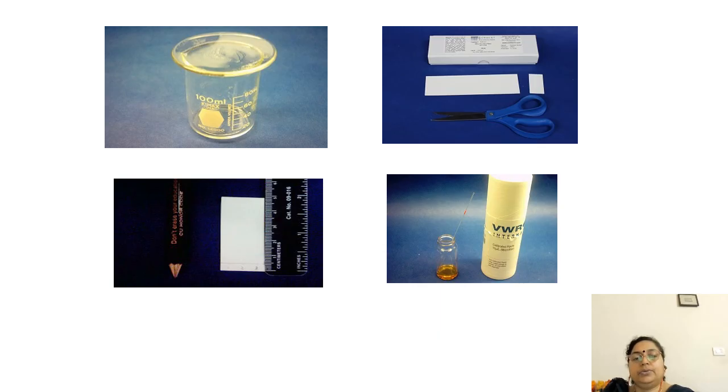On the strip you have to mark at the bottom, about 0.5 to 1 cm away from the bottom. You have to draw a line and mark sample number 1, 2, 3 like this, and using a capillary tube you can spot your sample as well as standards on the TLC plate.